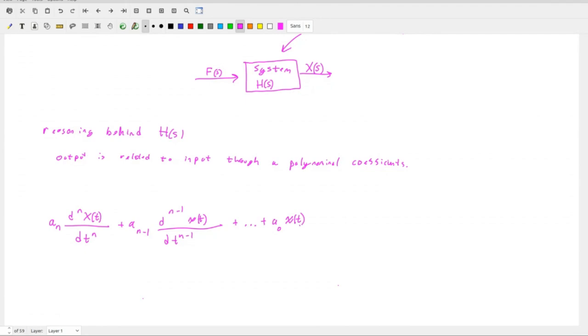So this is our output. That at least should make sense, and you can think about that as anything you want. It's not one specific sinusoid or a collection of sinusoids, but it could really be anything.